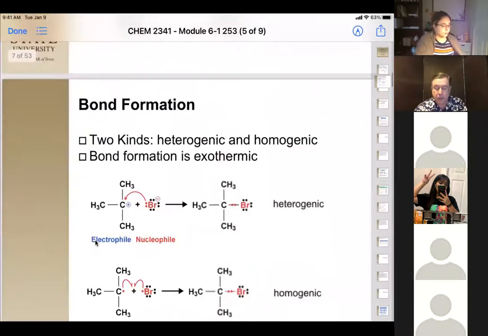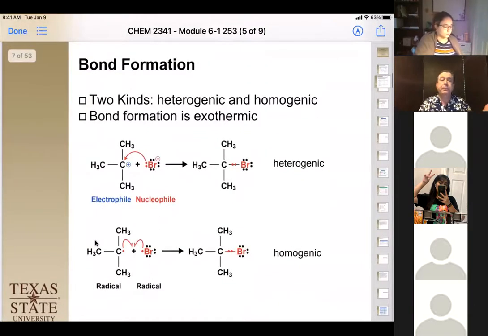So the next thing we can do is form a bond. And we can form a bond in 2 different ways, just like we had the heterolytic cleavage and the homolytic cleavage. If we have a formation by a pair of electrons coming in to create a new sigma bond, we call that heterogenic. So we're generating a sigma bond by using 2 electrons from one species and attaching to another species.